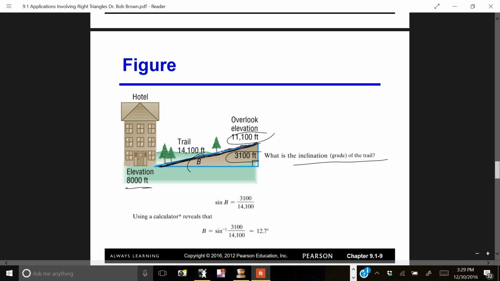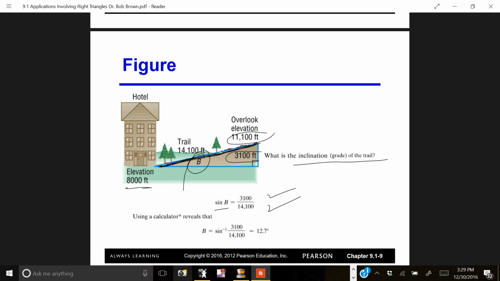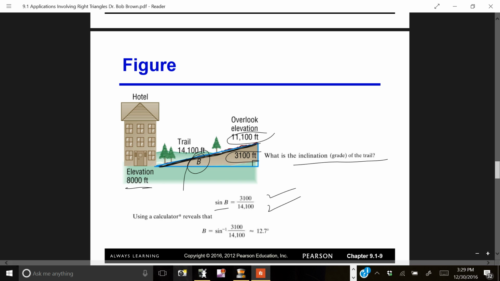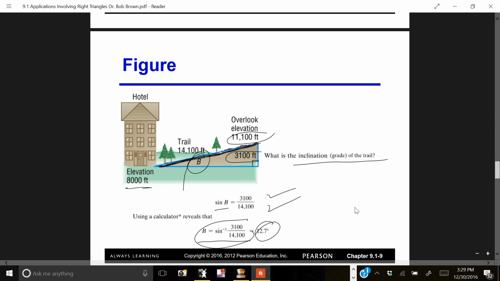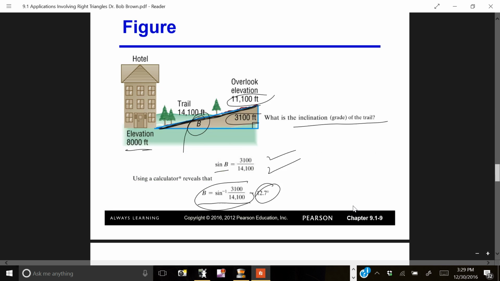So labeling this angle B, we get that sine of B is equal to 3,100 divided by 14,100, which is the hypotenuse. And so B is equal to the inverse sine of 3,100 over 14,100, which is 12.7 degrees. I'll assume you stop the video and show yourself that you could do this particular problem.